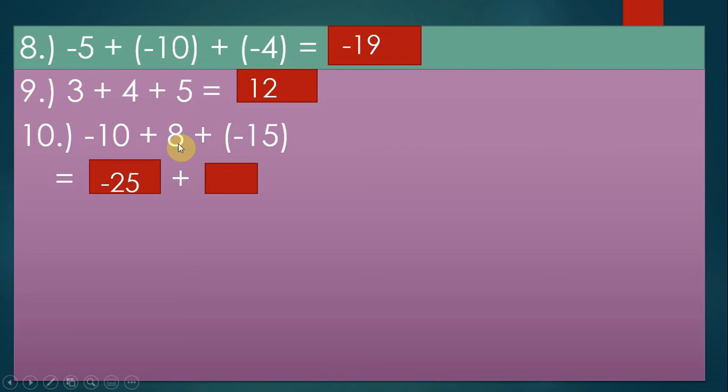And here, your 8 deposit is here. Okay, so negative 25 plus 8. Here is your withdrawal, here is your deposit. Now, which number has the greater absolute value? It's 25. Now, what number is to be broken down?